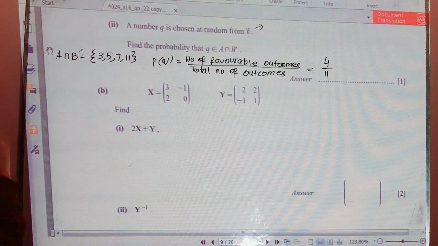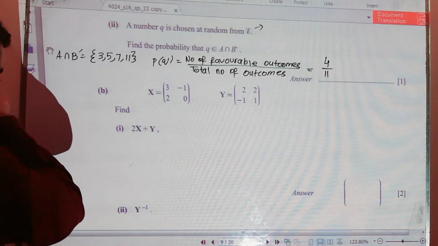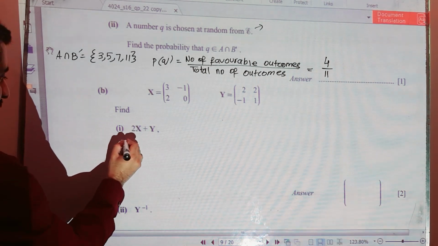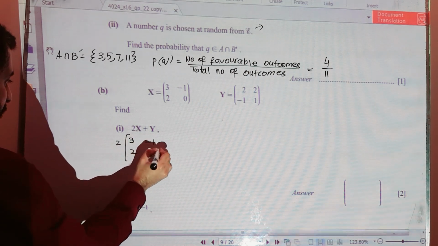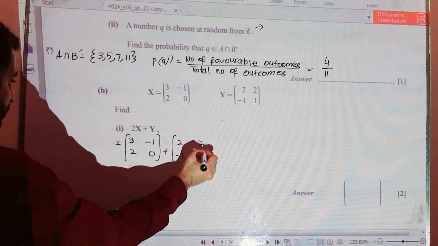Now part B. X is the matrix 3, minus 1, 2, 0, while Y is the matrix 2, 2, minus 1, 1. You need to find 2X plus Y. Now 2 into X, write X over here, 3, minus 1, 2, 0, plus Y, 2, 2, minus 1, 1.